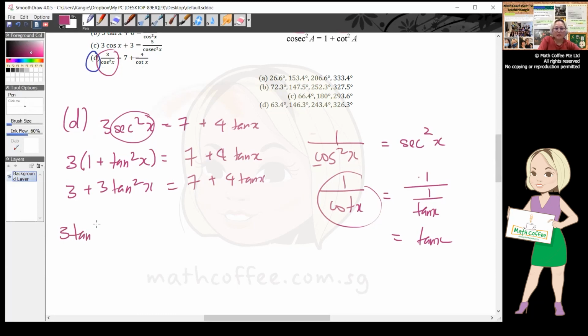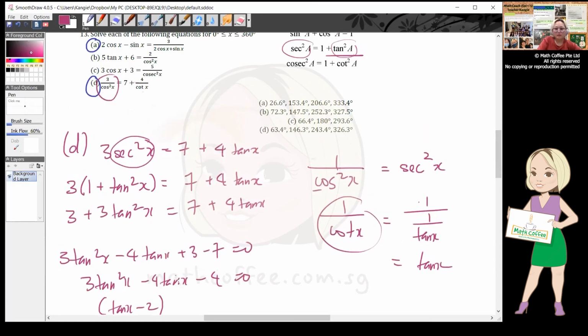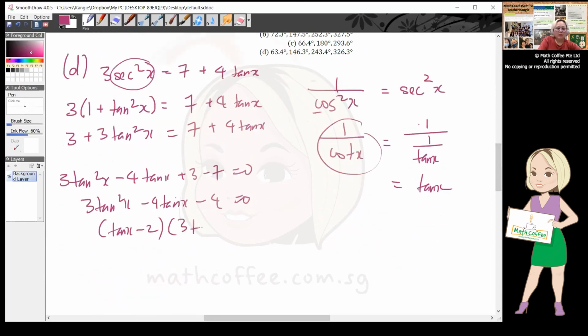So 3 tangent square x minus 4 tangent x plus 3 minus 7 equals 0. 3 tangent square x minus 4 tangent x minus 4 equals 0. So this is a quadratic equation with 3, negative 4, and negative 4. It will give me tangent x minus 2 and 3 tangent x plus 2 equals 0.